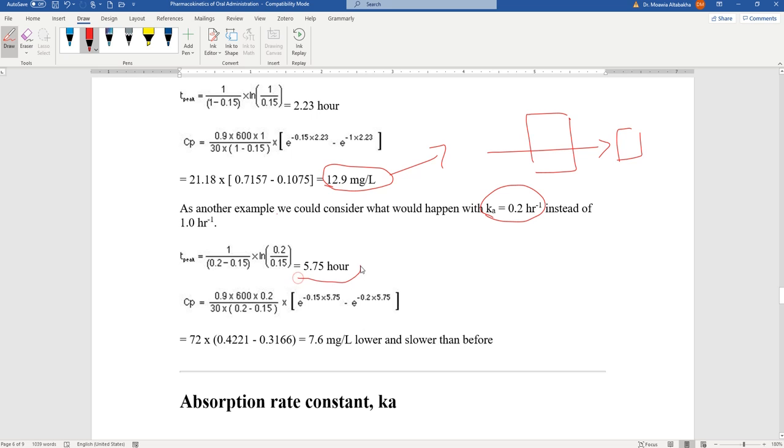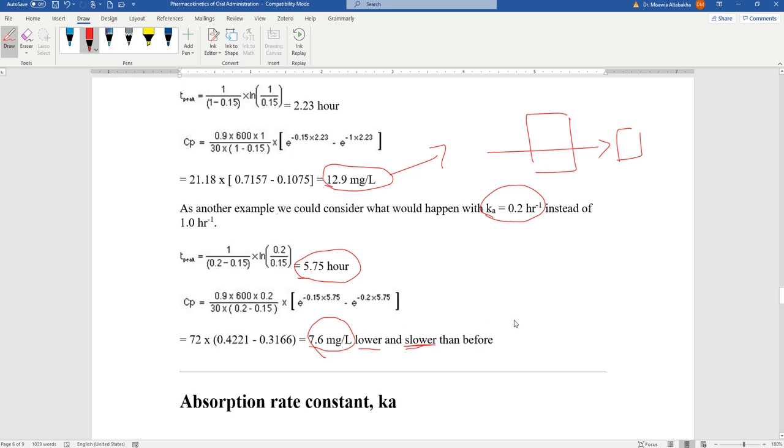you will see the following: now it takes a longer time to reach the peak concentration. Not only that, the peak concentration is also lower. What does that mean? A lower peak concentration and a delay; let's say the peak happens at a later time, not at an earlier time.